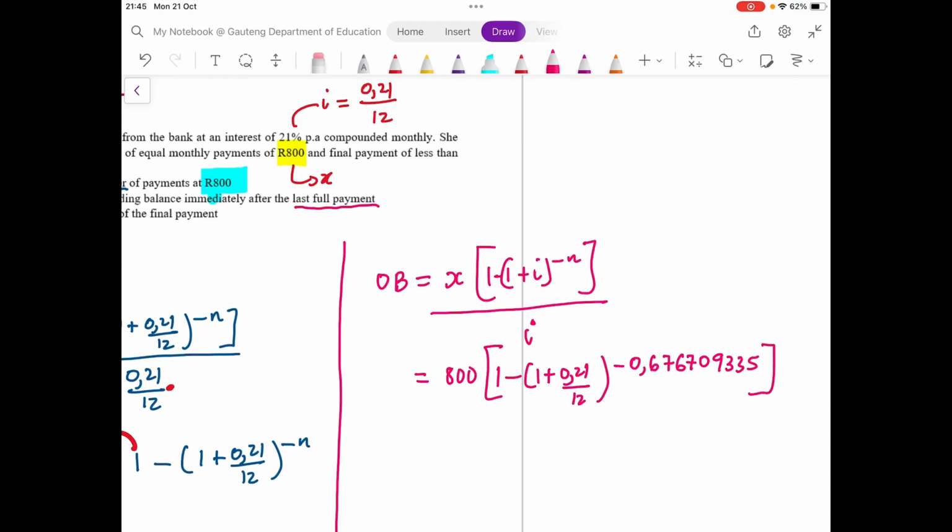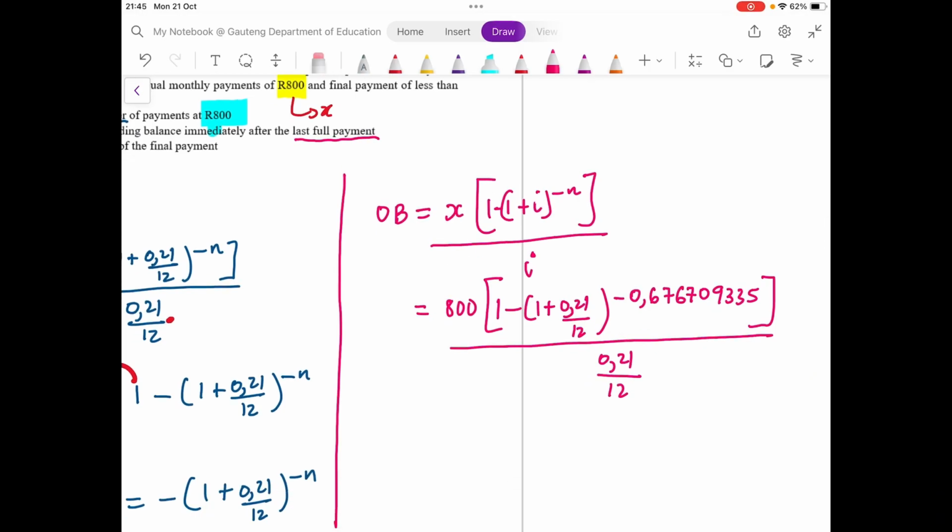Then close the bracket, all divided by, do not round it off, 0.21 over 12. So our outstanding balance immediately after the last full payment, OB, is equal to 533.54. So this is our outstanding balance after the last full payment.